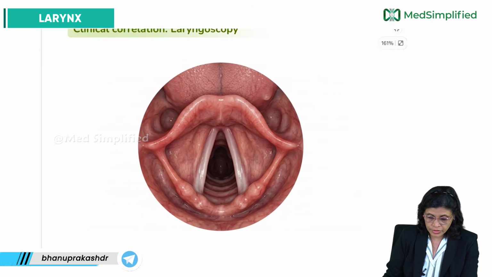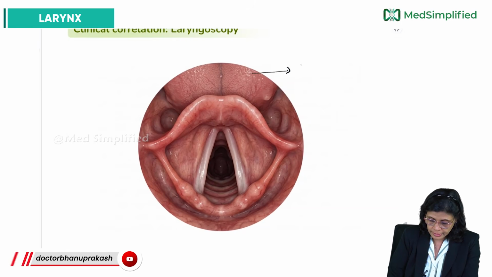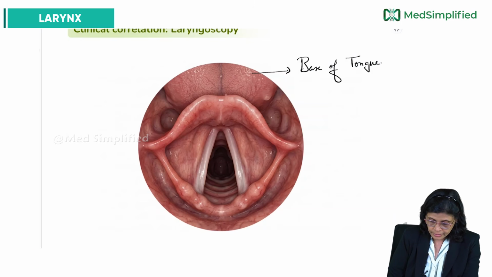So what are the structures which we see? In the laryngoscope we will see the base of the tongue, then we see the vallecula. This is the median fold and the space we are seeing is the vallecula.